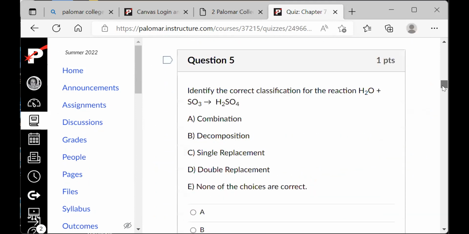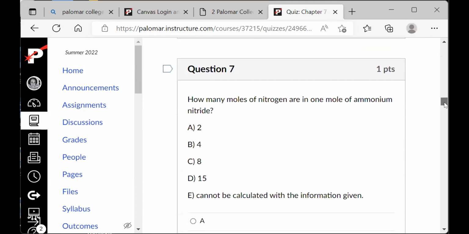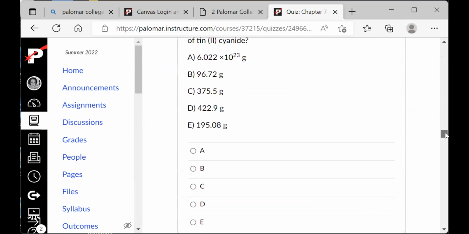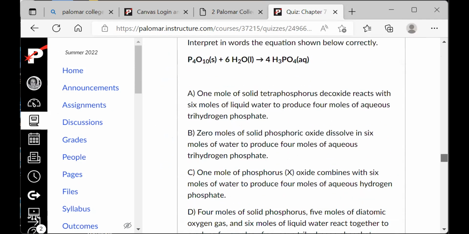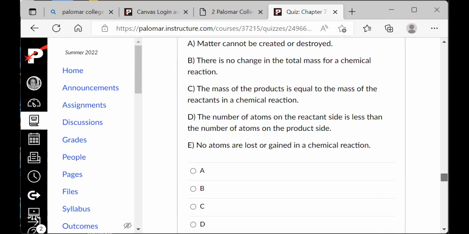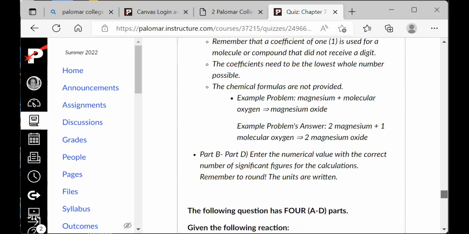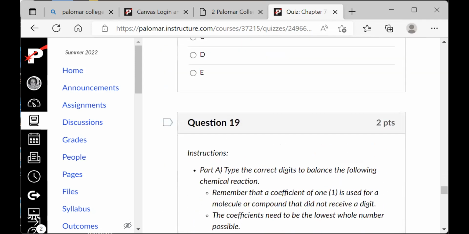In chapter 7, chapter quiz, it's question 19.